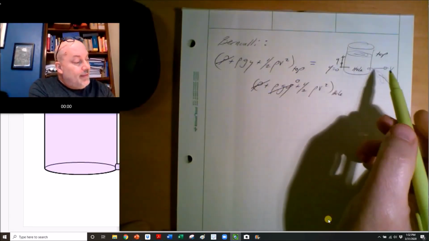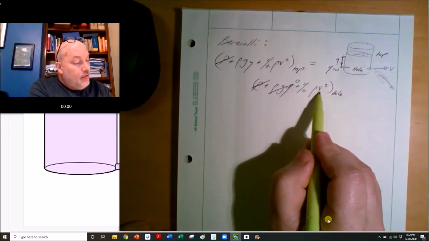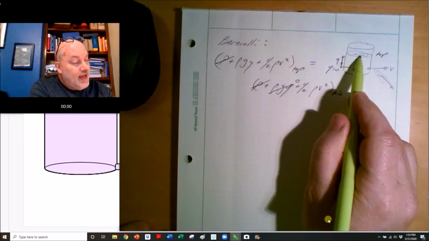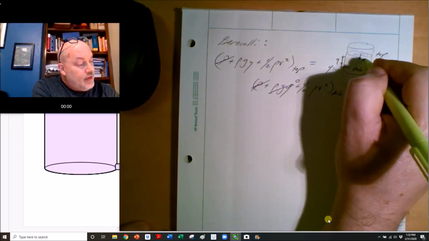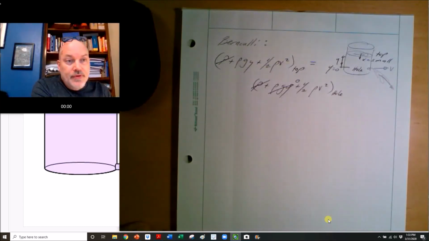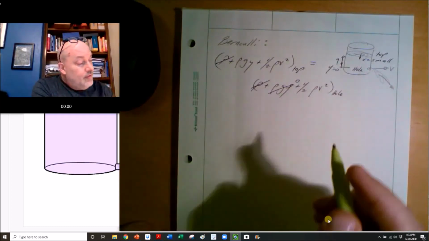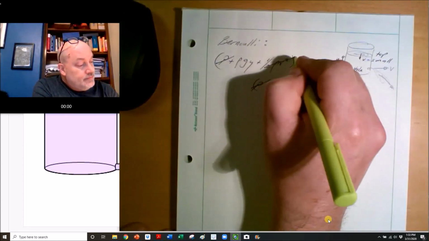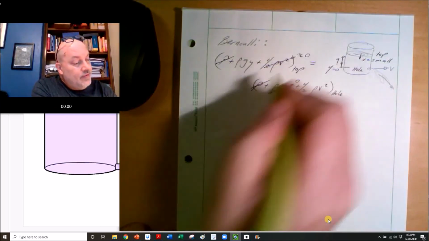So we've already established that the velocity coming out the hole is much greater than the velocity at the top. That means the velocity of the water coming downward is small. And since it's small, then small squared means extra small, and extra small, let's neglect it and say it's approximately 0.